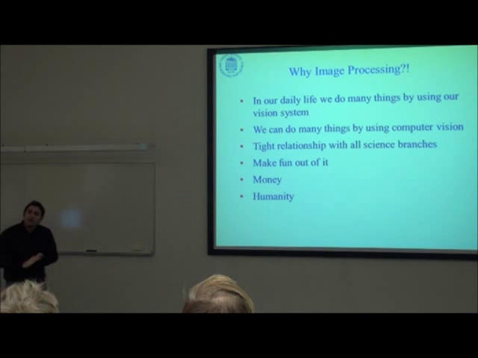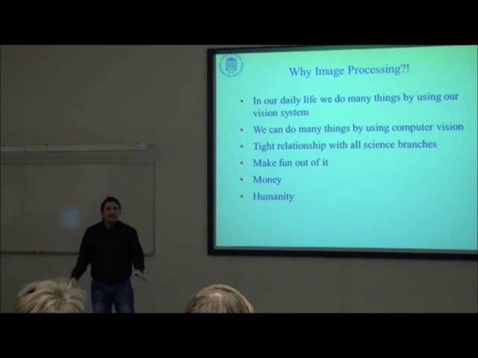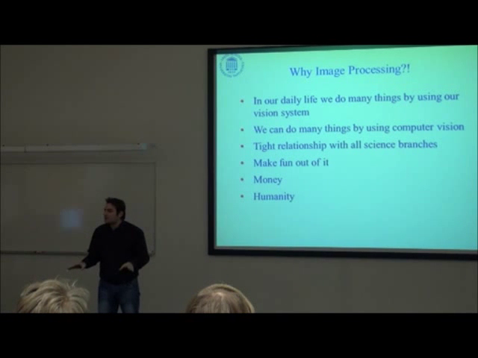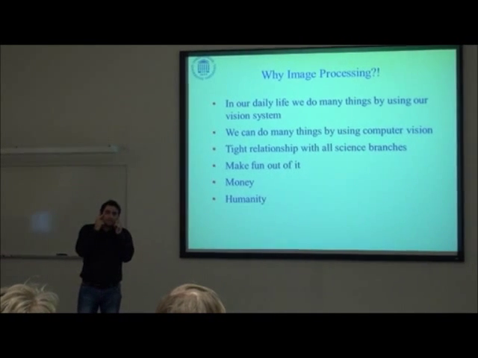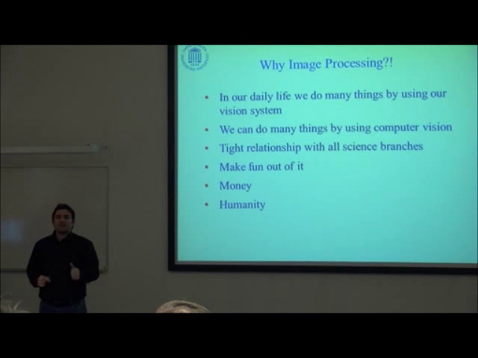Now, why should we do image processing? In our daily life, there are lots of things that we do with our eyes. This means there are lots of things that we can do with computer vision. He's drinking tea and grabbing his cup because he can see where the cup is.